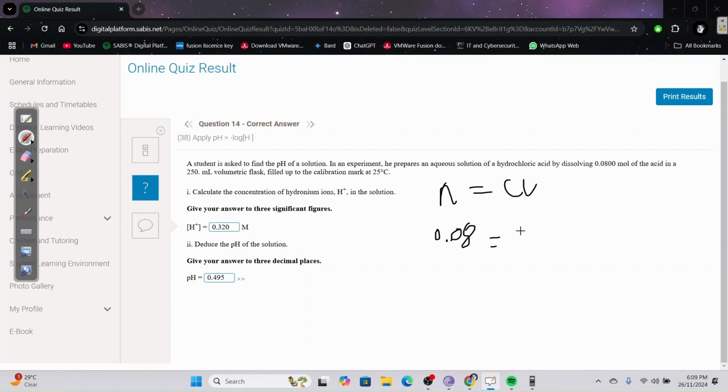equals the C is what we want to find, and this is in milliliters or centimeters cubed. You want to change this to liters or decimeters cubed. So the conversion factor between centimeters cubed and decimeters cubed, or milliliters and liters, they're the same thing.